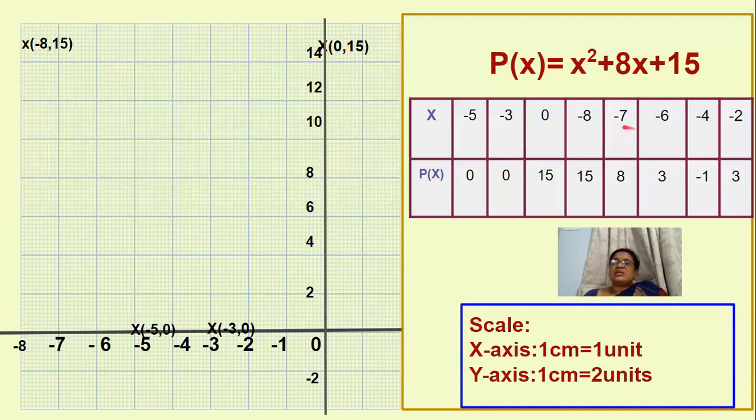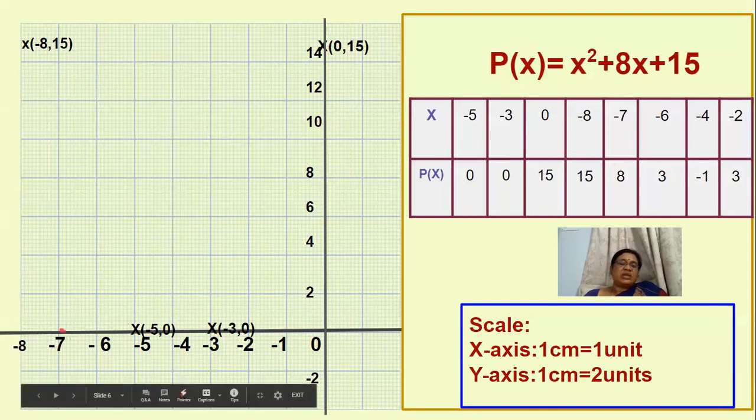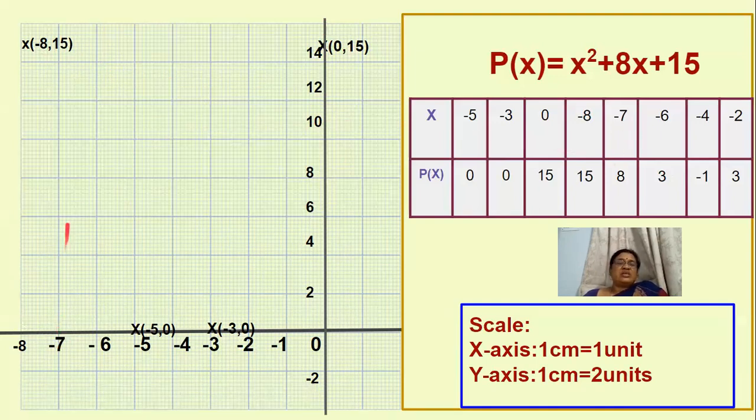And next, minus 7 and 8. X is minus 7 and y is 8. Here I should get a point. Yes. Next, x is minus 6, y is 3. X is minus 6 here and y is 3. Between 2 and 4. This is 2 and 4. Somewhere I should get like here. Yes.